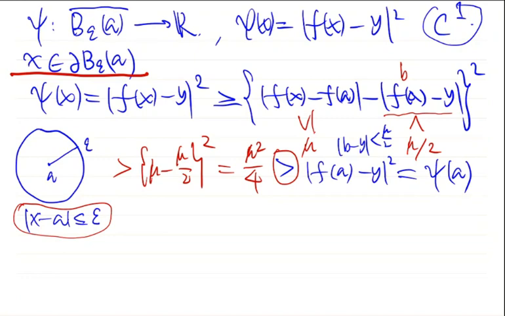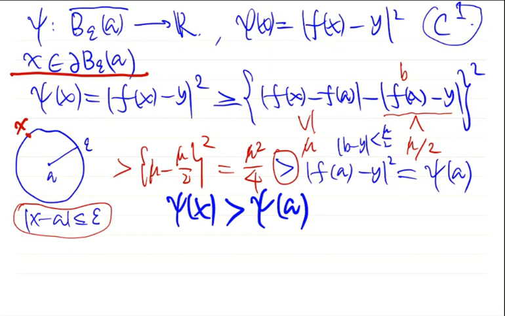But when x is, this argument, this computation tells us that when x is a point in the boundary, in the sphere, on the boundary of this ball, the value of Psi x is strictly greater than the value at the center of the sphere.